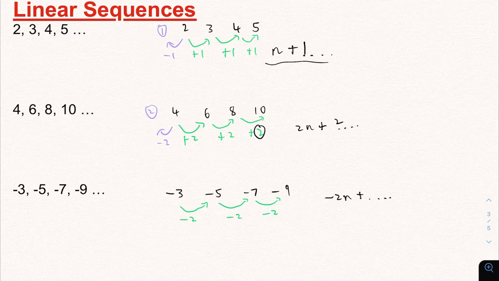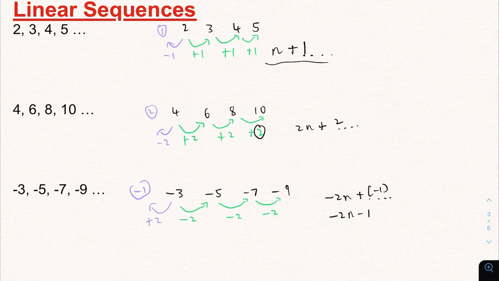If you go to the right, you subtract 2, but we're going to the left, so you do the opposite and add 2. Negative 3 adding 2 gives you negative 1, and that will be your constant. So it will be negative 2n plus negative 1, which simplifies to negative 2n minus 1.